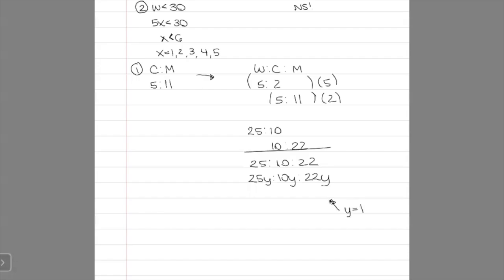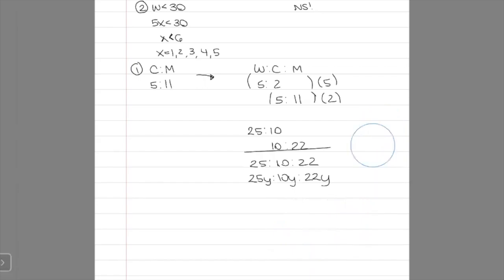While if you had accidentally thought that maybe the least common multiple was 20 or something, then we would end up with 50Y, 20Y, and 44Y. The problem with that is that now we'd have to consider Y as fractions as well, to see how Y could be a half because they're all divisible by 2. Because you want to make it easy and just have to consider positive integers, you want to make sure that this is reduced as much as possible.